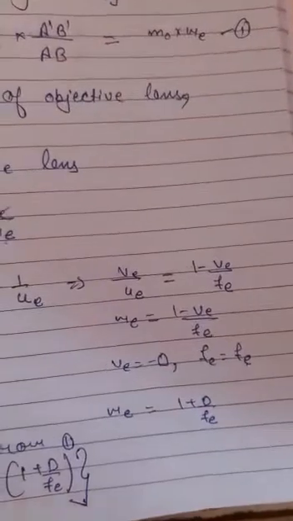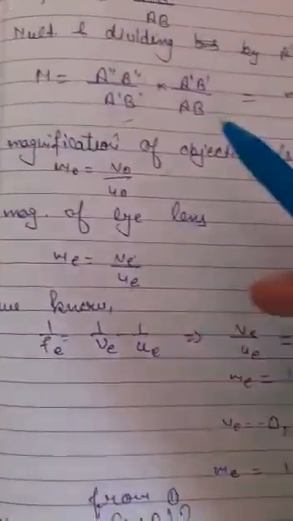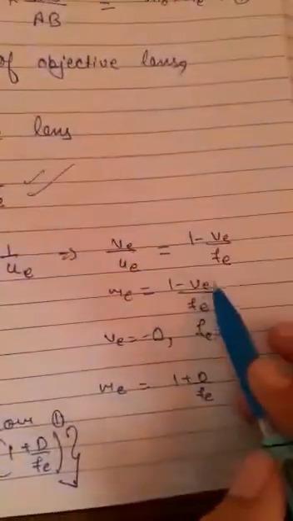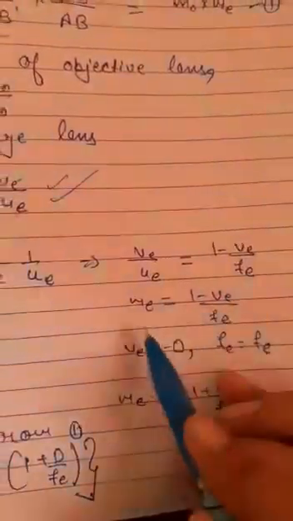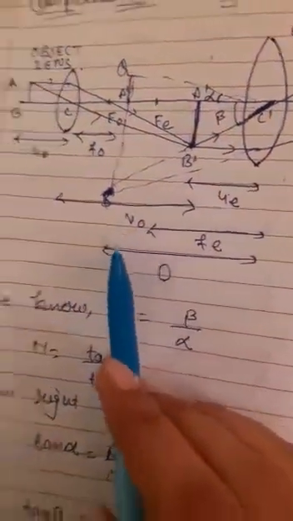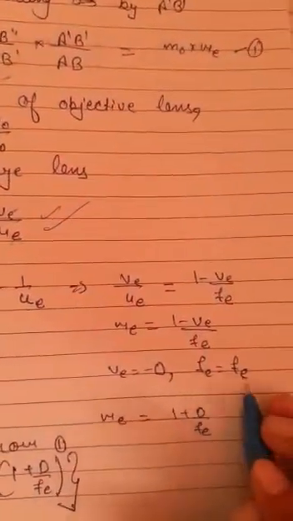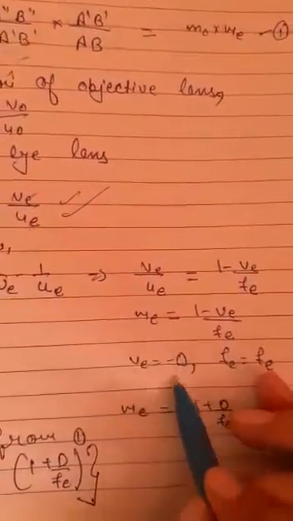We know V E upon U E is equal to M E. So what is V E? The image distance, which I write as minus d because the image is forming on the left hand side. F E is again F E, so I will put this over here: 1 plus d on F E. Here I got M E, and here I had M naught.